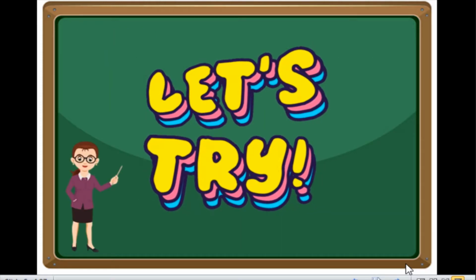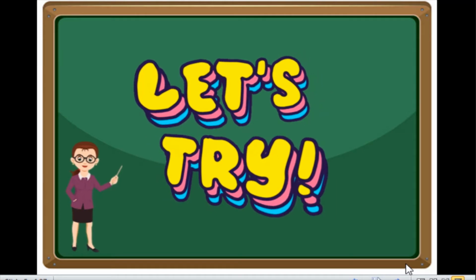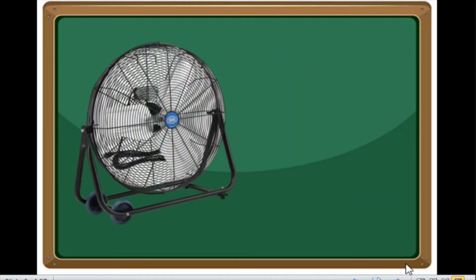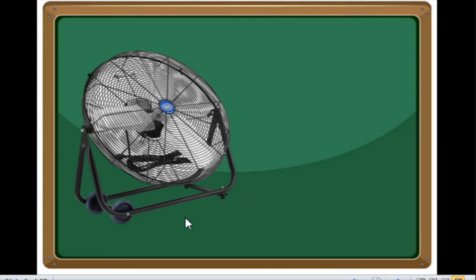Let's try. What is this? Alright, it is a fan. Is a fan equiangular or not?